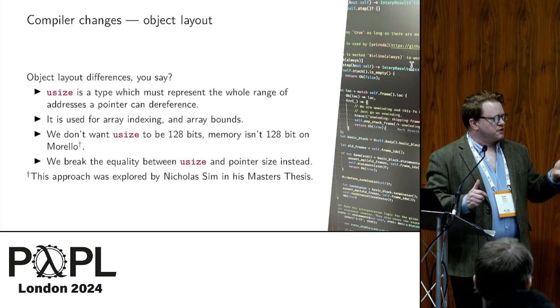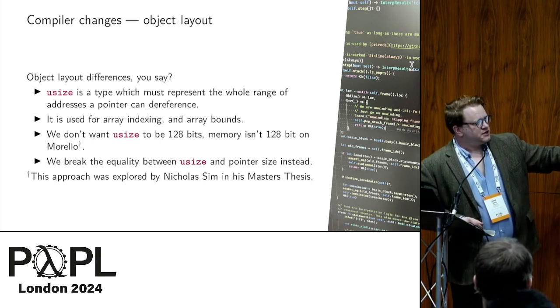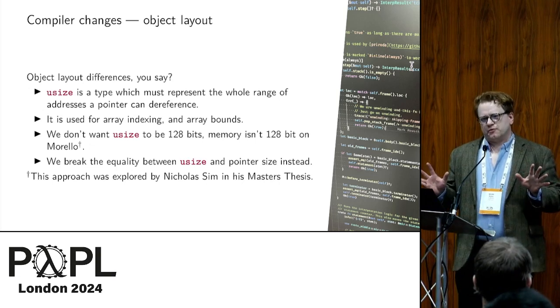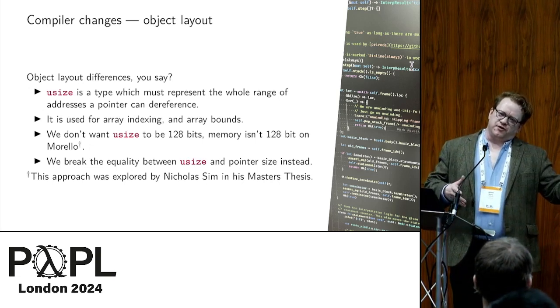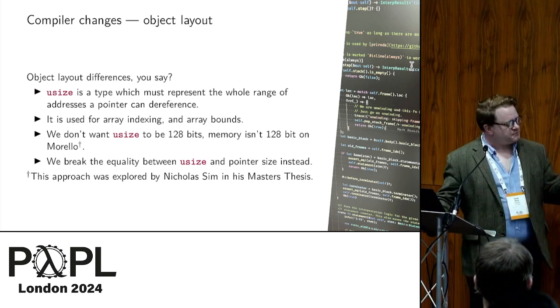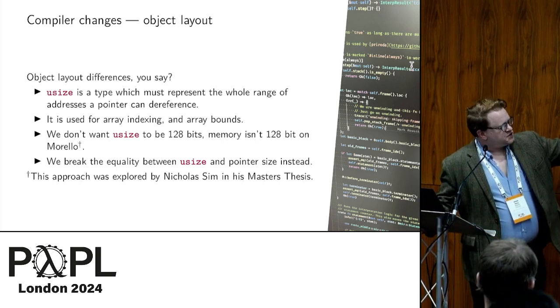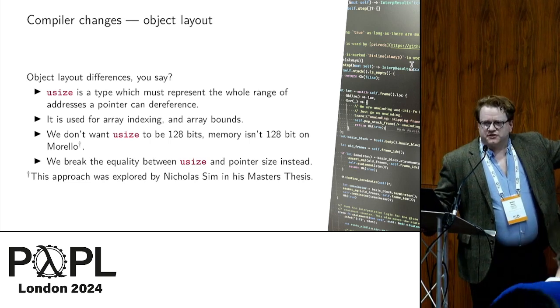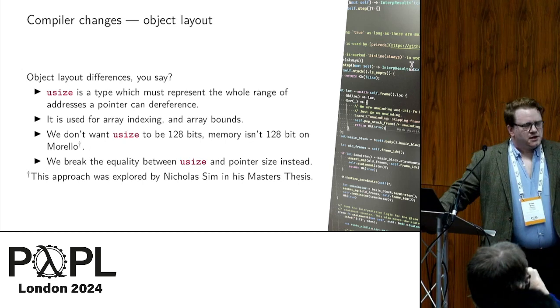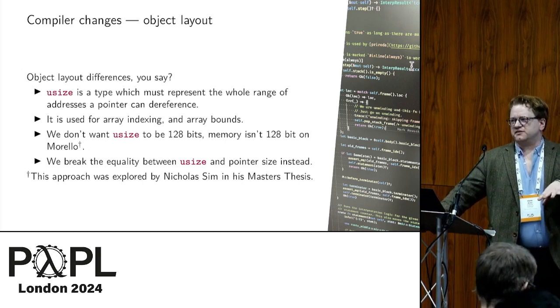There was previous work by Nicholas Sim where he chose usize to be 128 bits, and that seemed to not work as well. We came to the conclusion we would try 64 bits, and that seems to have worked quite well. This does mean that we're doing something which is slightly obnoxious in the specification of the language, because we're blowing apart an implicit equality between the storage size and the addressing size of pointers.